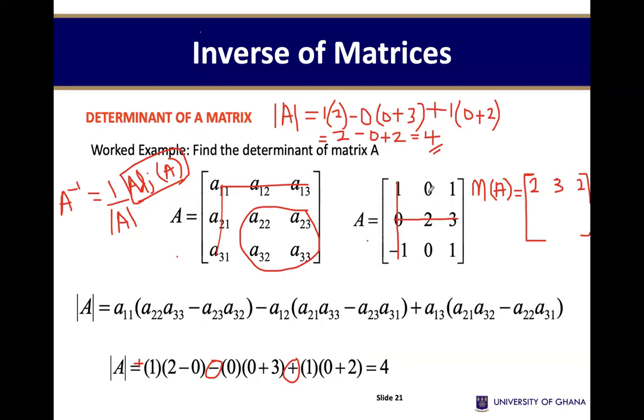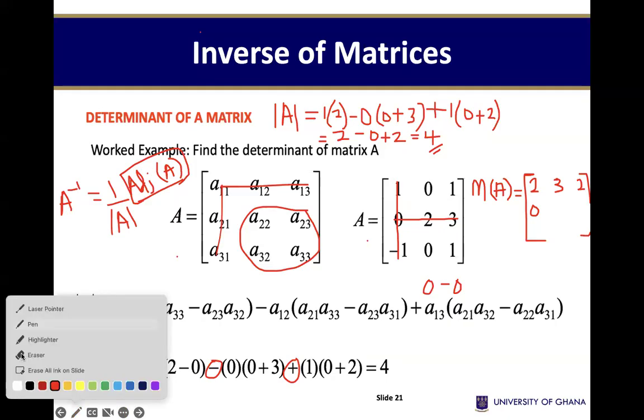So I find the determinant of that. That'll be 0 times 1, that'll give me 0. Minus 0 times 1 or 1 times 0, that will also give me 0. So the whole of this part will be 0. We good? So far, so good, right? Yes, sir.